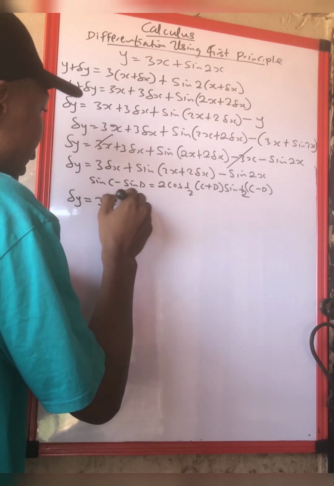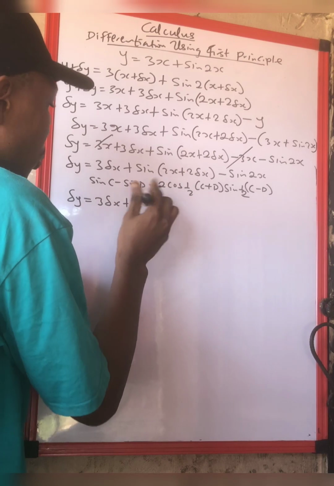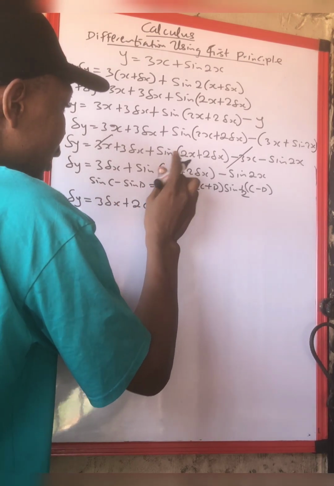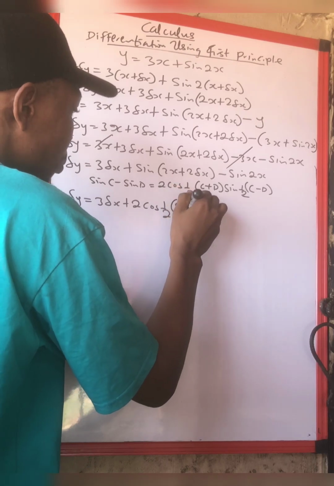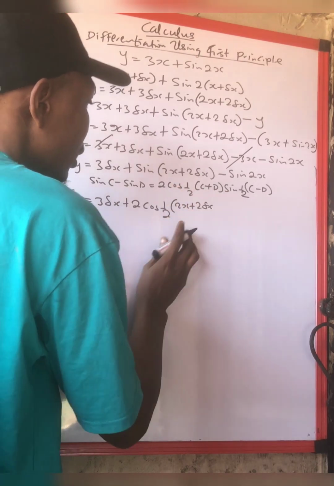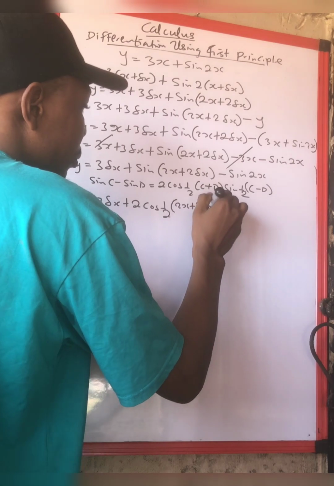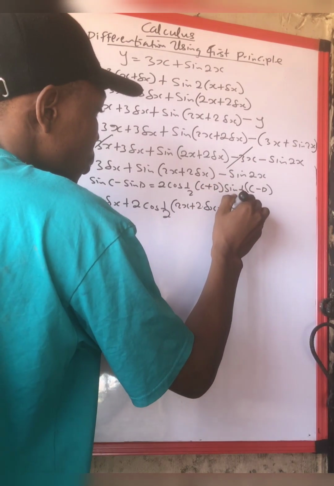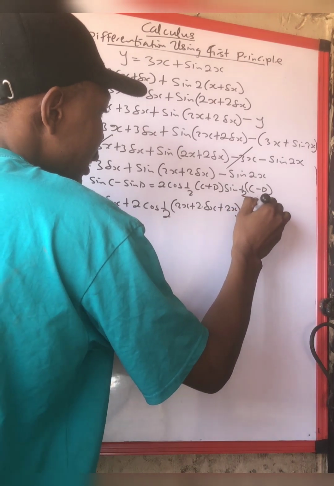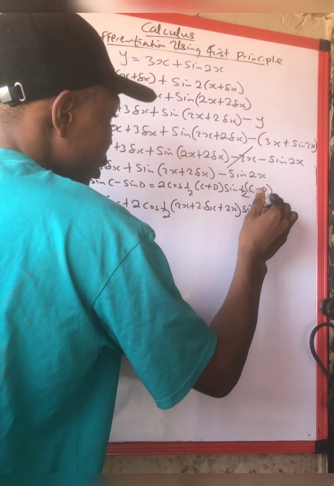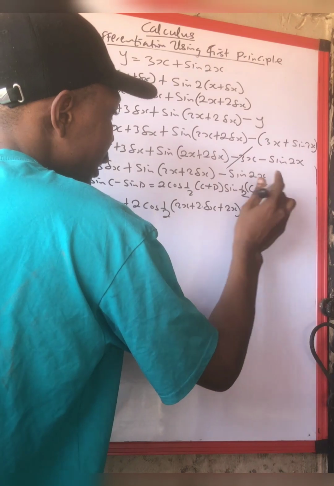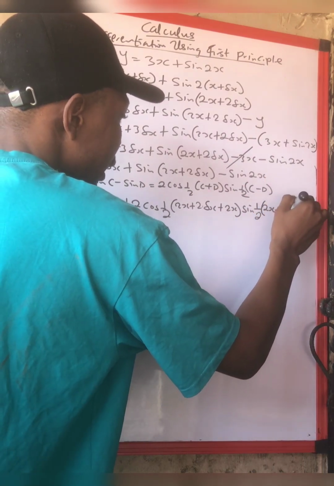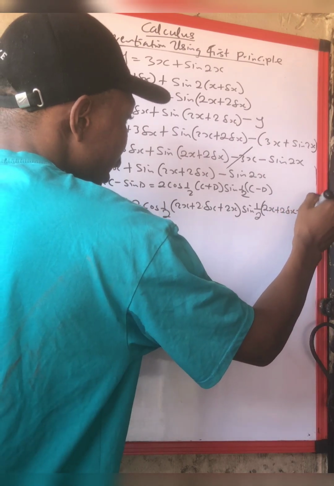3Δx, then plus 2 cos half. Our C is everything here, which is 2x plus 2Δx, then plus D, which is 2x, then sine half, then bracket our C, which is 2x plus 2Δx, minus 2x.